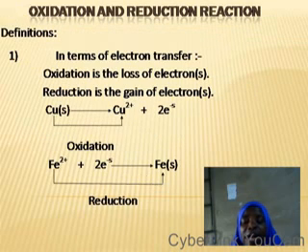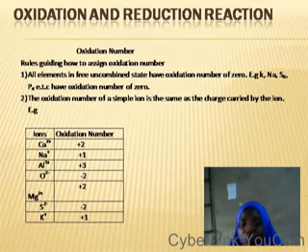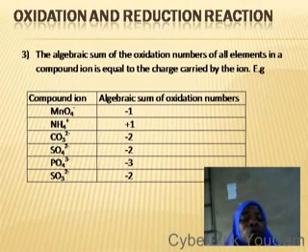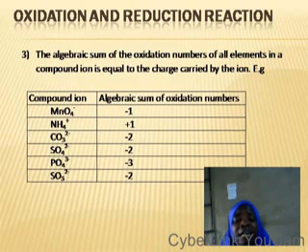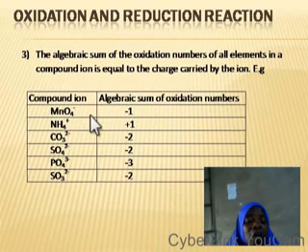Now let's look at rule number 3. Rule number 3 says that the algebraic sum of the oxidation number of all elements in a compound ion is equal to the charge carried by that ion. If you look at this, they are all radicals and they are carrying charge. Tetraoxomanganate 7 is carrying a charge of -1 here.